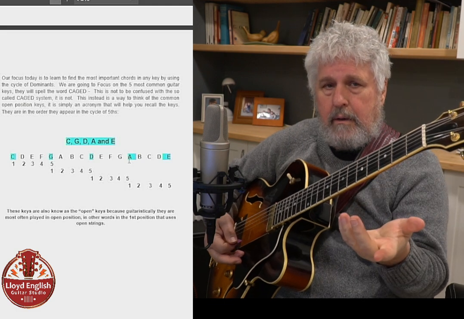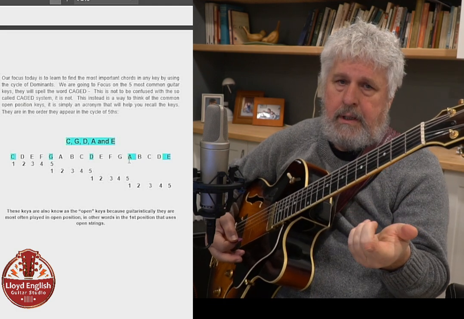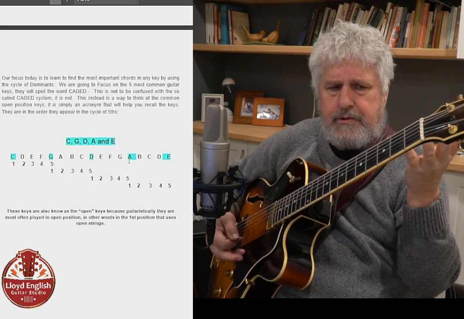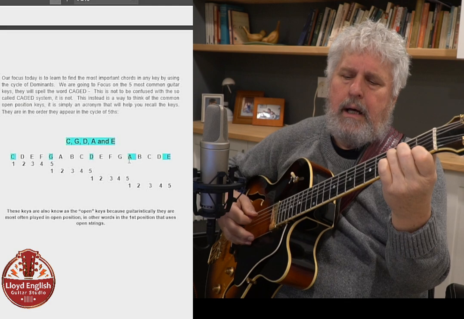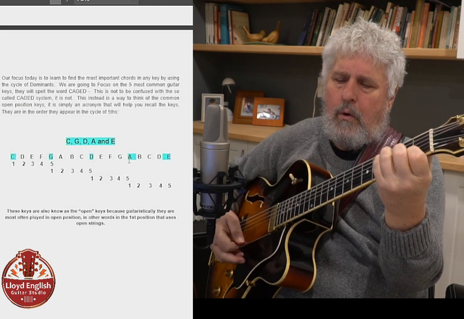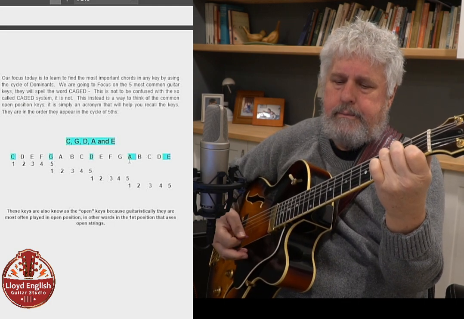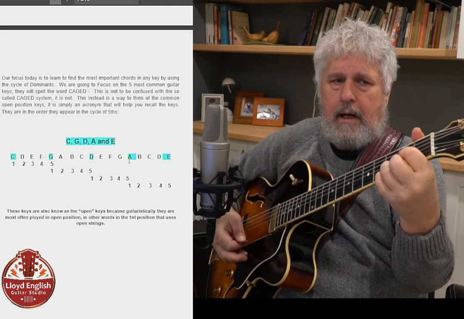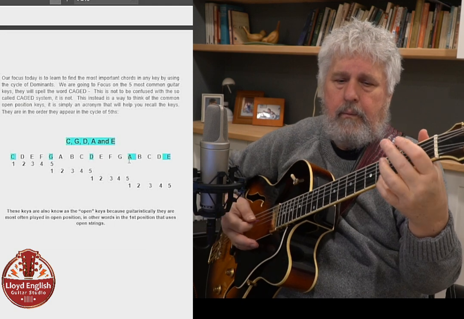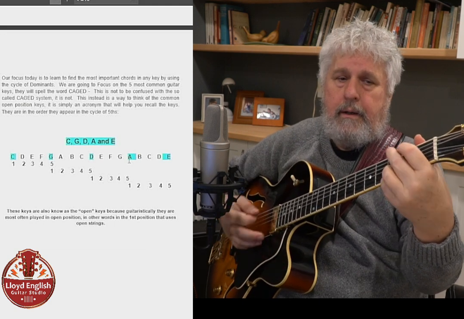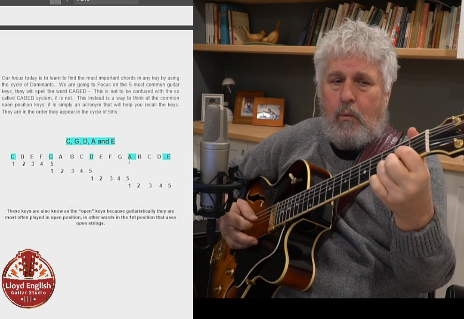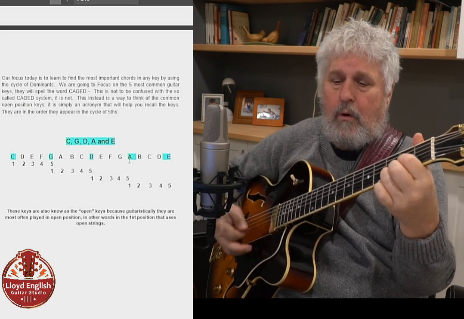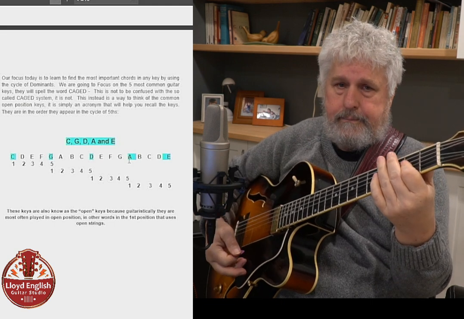So now we've got 4 different keys, and in each case we're just going to go to a 1 chord, 4 chord, 5 chord. We're just going to use the numbers. So we have a 1, 4, 5, 1, and then we went to G, 1, 4, 5, 1, and then we went to D, 1, 4, 5, 1, and then we went to A, 1, 4, 5, 1.